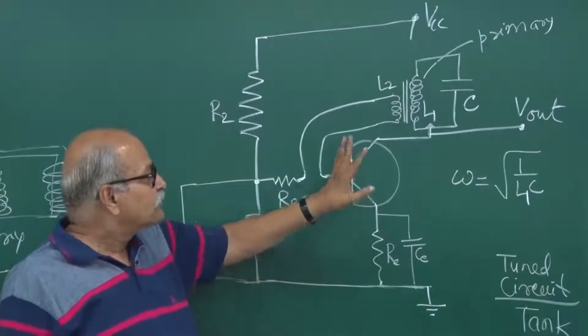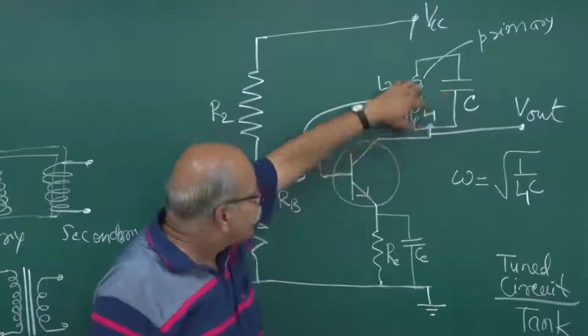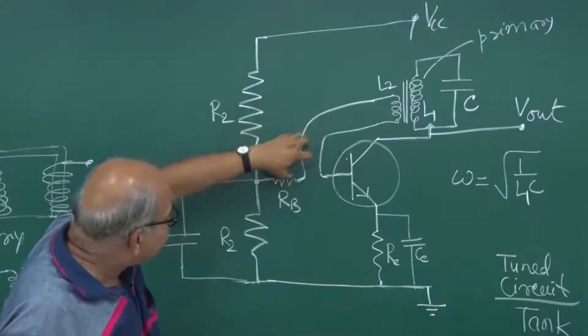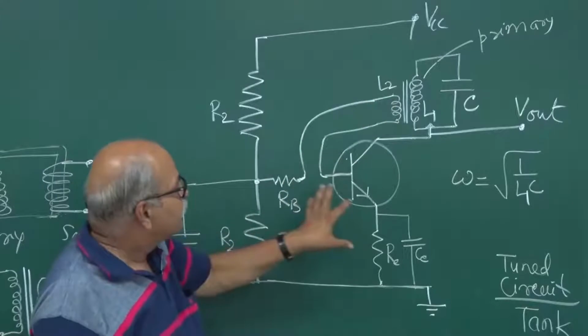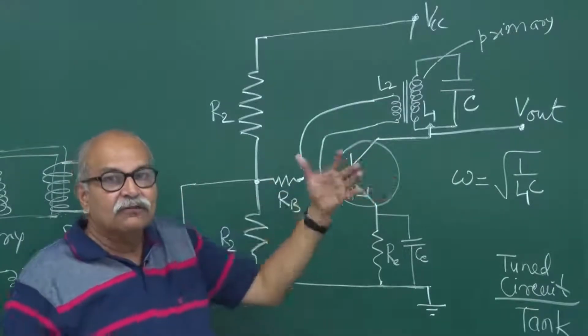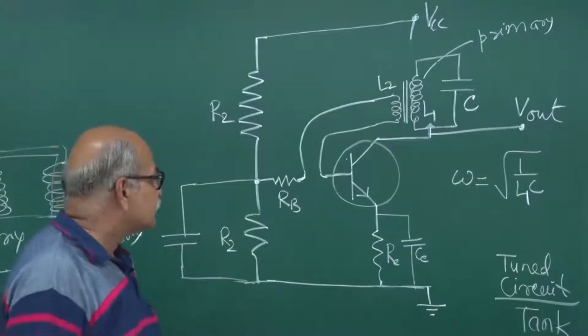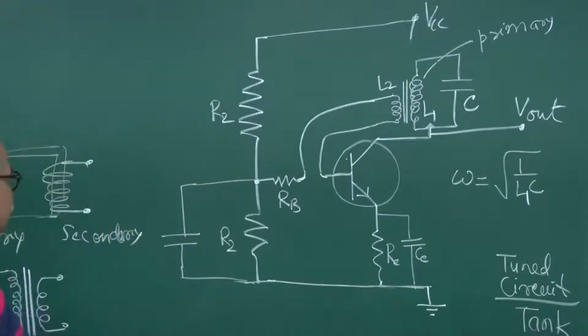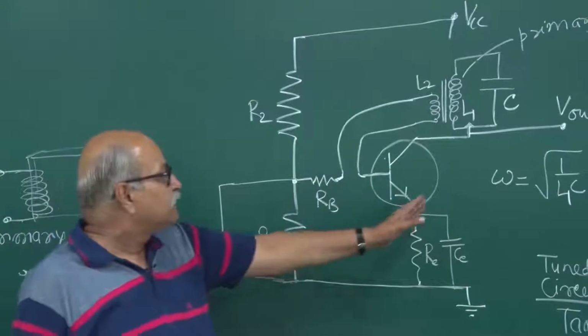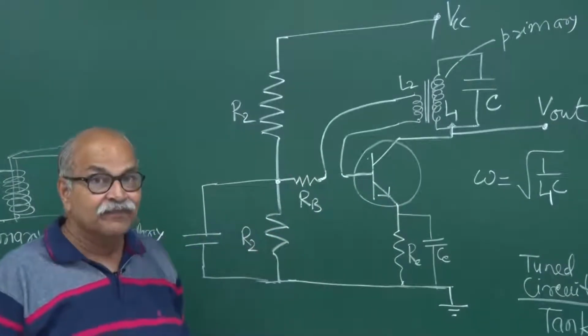So that is how that tuned circuit, and this is that feedback network, feedback circuit, and this is that amplifier. So all those three blocks in the diagram, they are implemented in this fashion. And how do we ensure that the phases are correct? Okay.